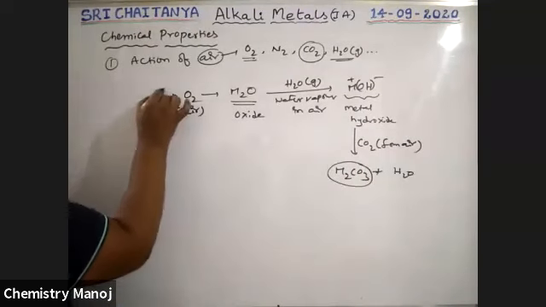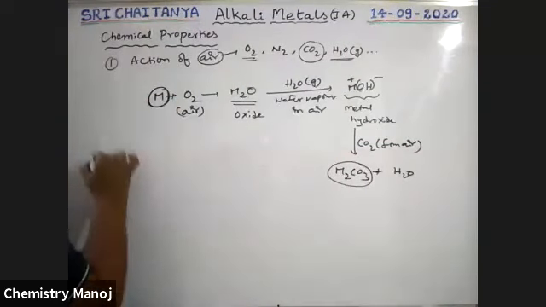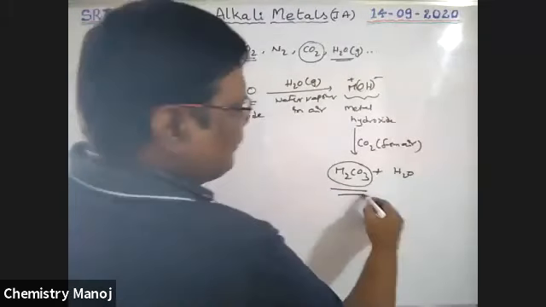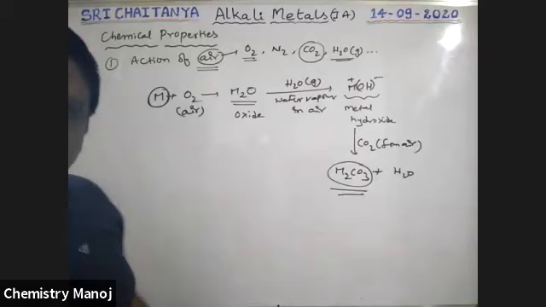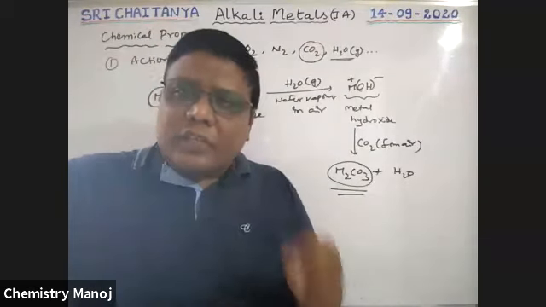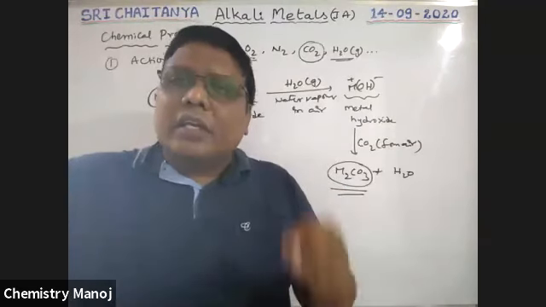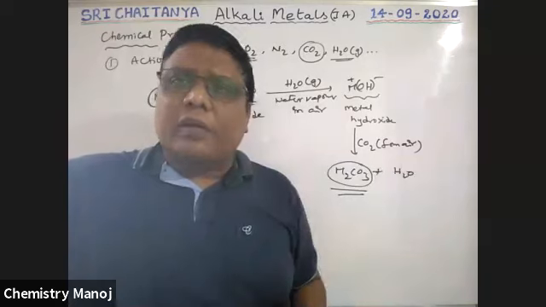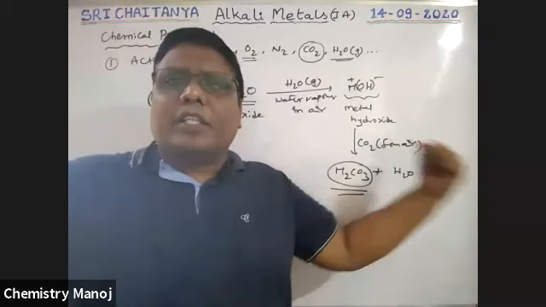That means if a free metal is exposed to air, automatically it is converted into the respective carbonate. That means free metals are very reactive towards air. That is why our alkali metals are never exposed to air.